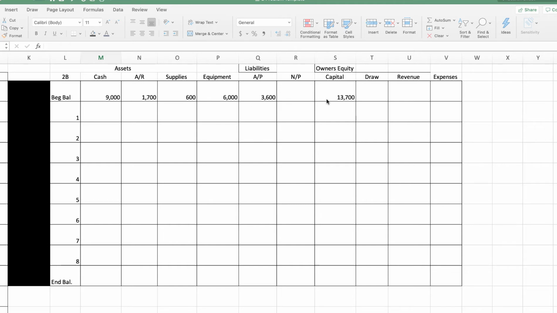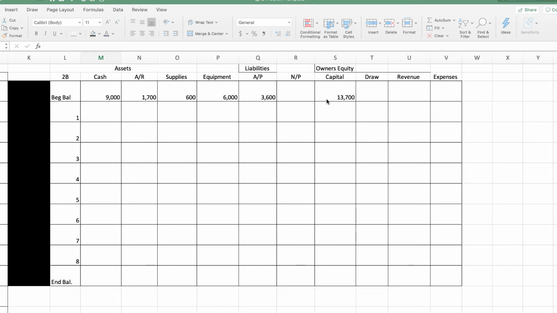Very important, remember, everything has to be in chronological order. So we're starting on August 1st. These balances result from prior transactions, so we know for a fact that as of July 31st, our ending cash balance was $9,000, and our ending accounts receivable balance was $1,700.